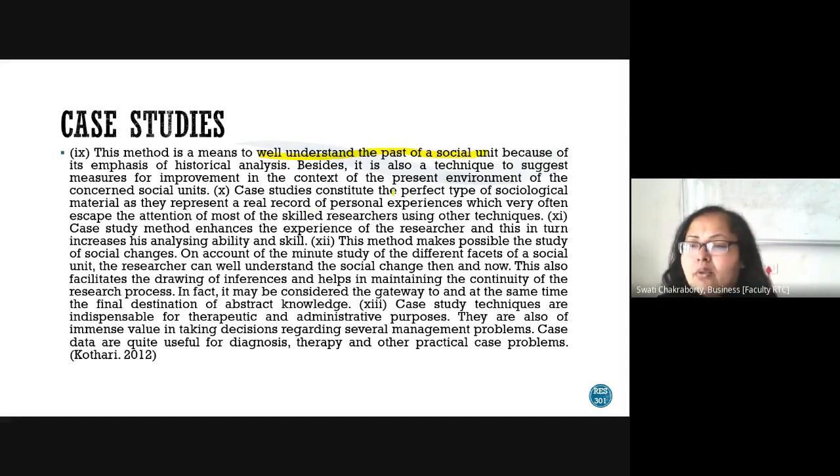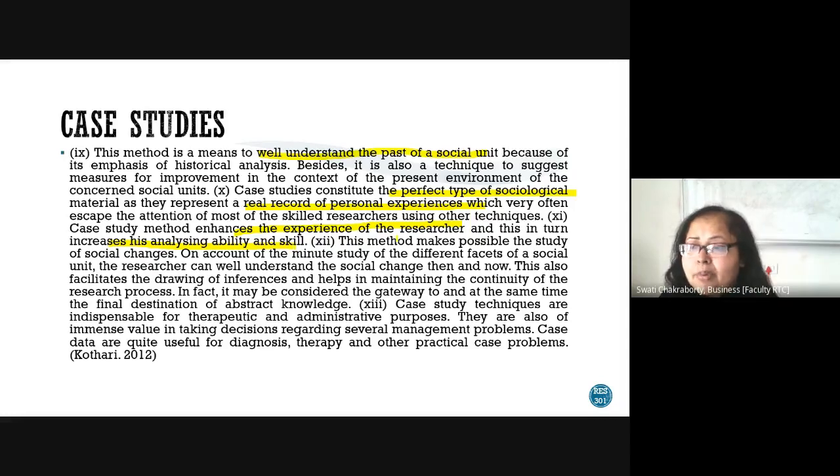Case studies also constitute the perfect type of sociological material because they represent a real record of personal experiences, right? Which very often escape the attention of most skilled researchers, right? It enhances the experience of the researcher, which in turn helps to increase his analyzing ability and skill.